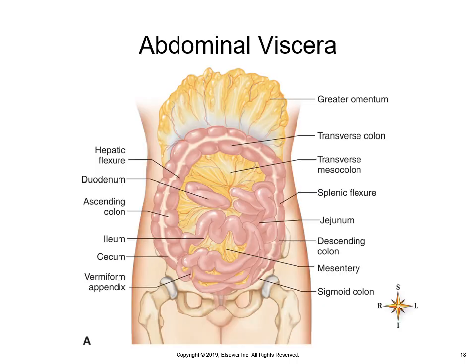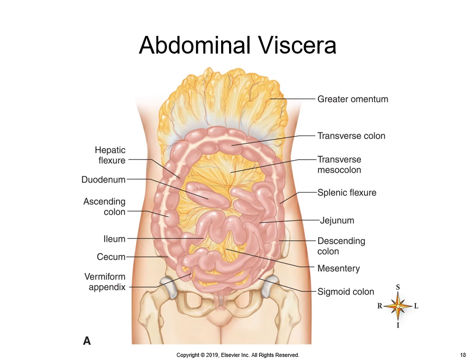So now we're taking a look at the abdominal viscera and also the peritoneum. We're looking at an anterior view, or front view, of the abdominal viscera, and it shows us some of those peritoneal structures. It shows us the flexures, the colon, and also the small loops of the intestine.